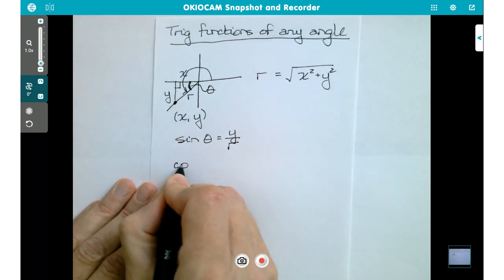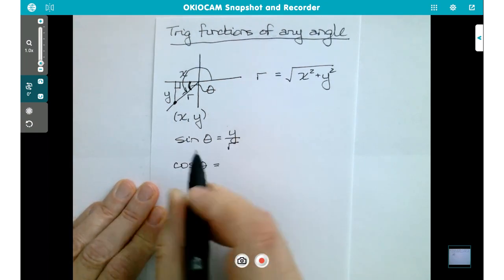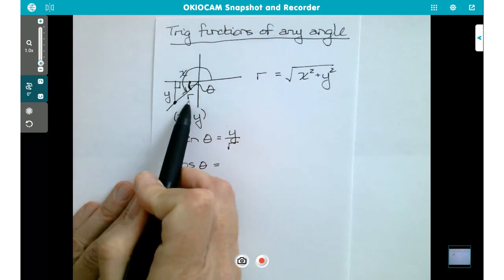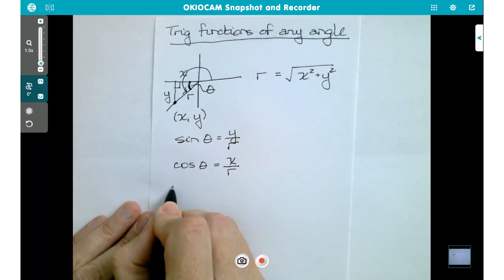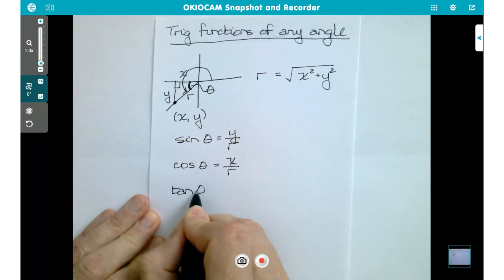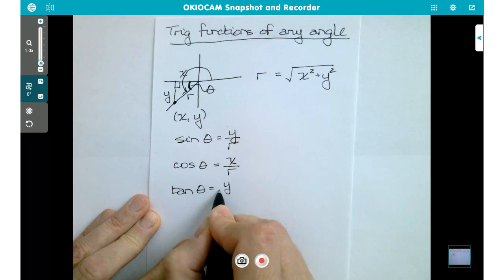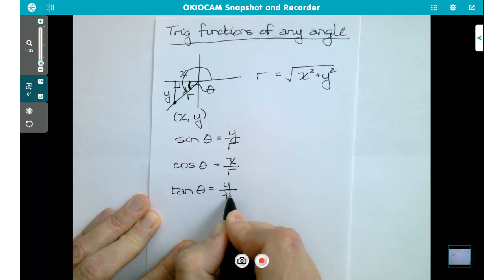The cosine is the adjacent side over the hypotenuse. The tangent, as always, is opposite over adjacent.